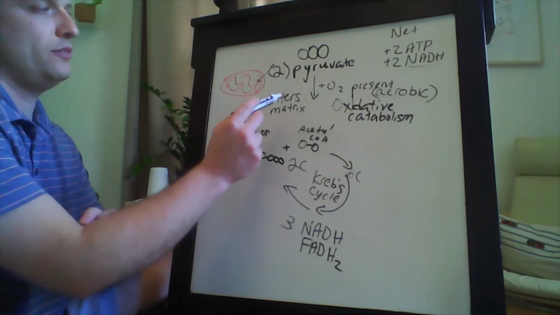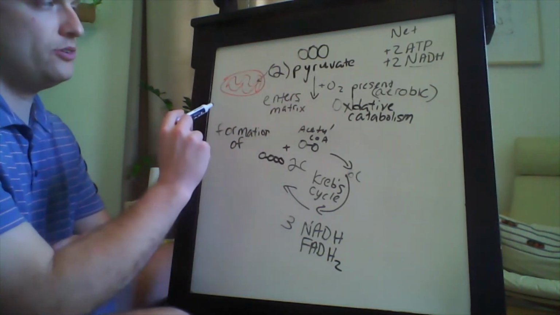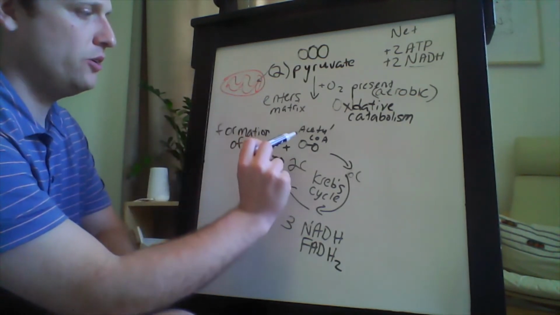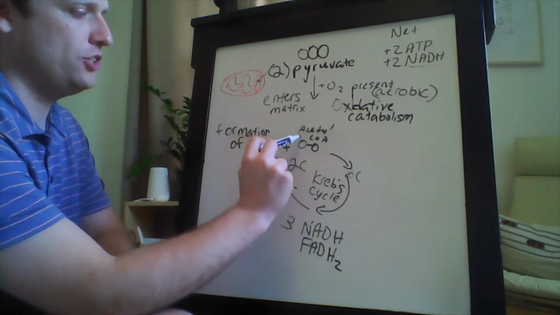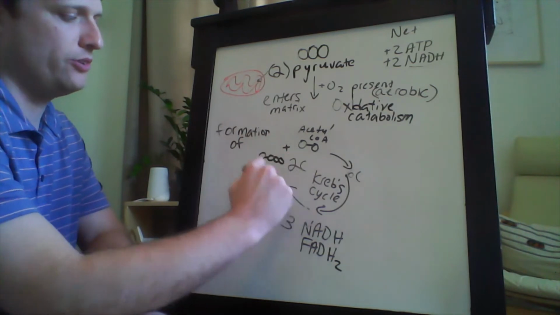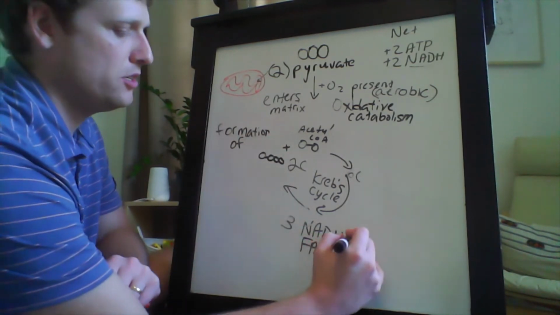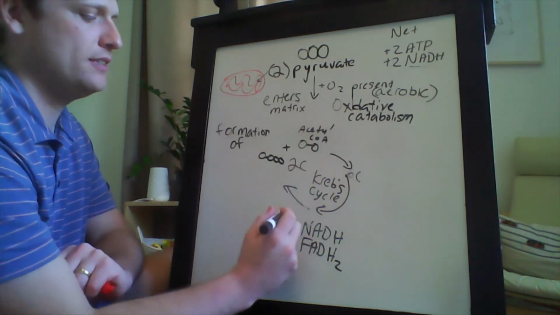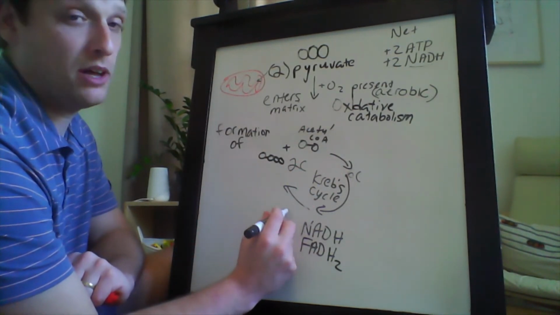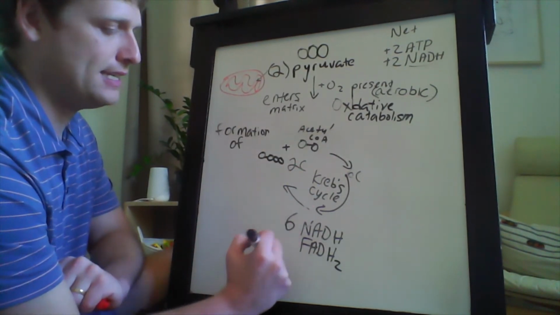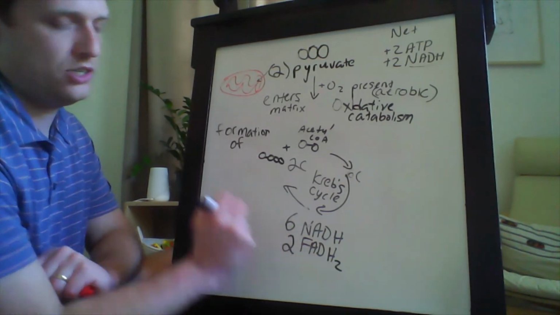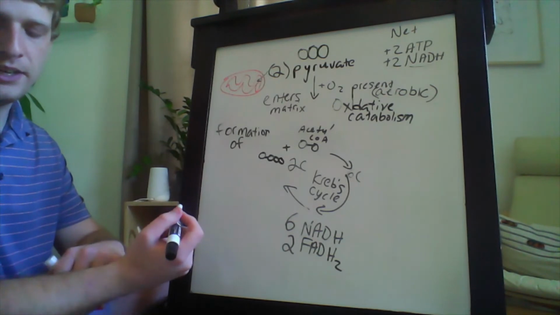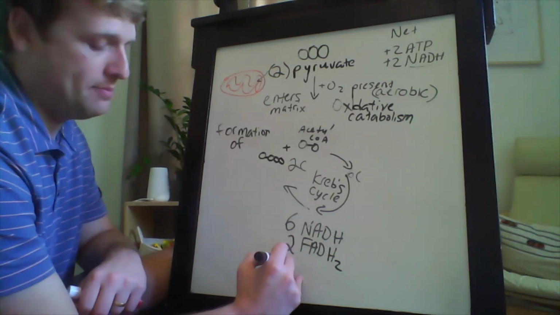But remember, for every molecule of glucose, you're making 2 pyruvates. So there are actually 2 pyruvates that are each going through the Krebs cycle. So if you multiply this by 2, because there's 2 pyruvates, you're making, for each molecule of glucose, 6 NADH, 2 FADH2. And you're also making a couple of ATPs.